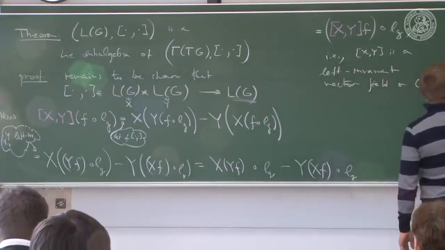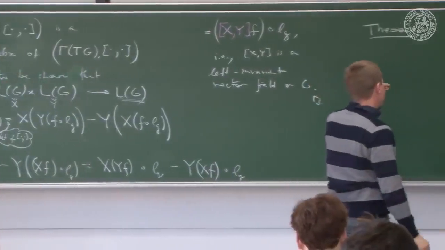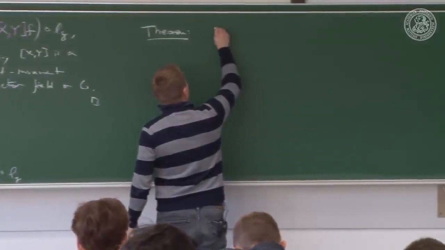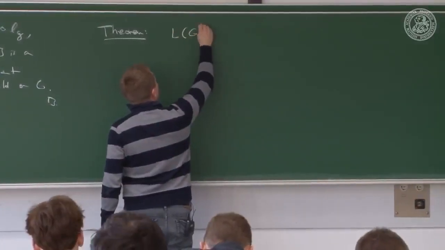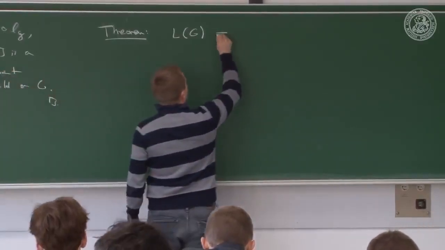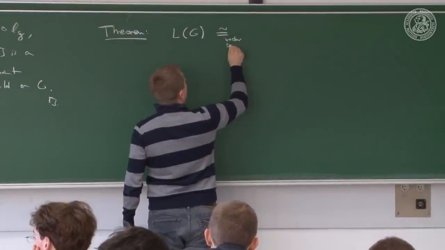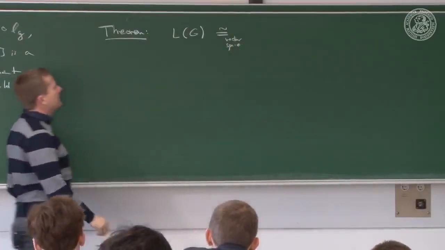Theorem. The Lie algebra L of G of a Lie group G is isomorphic as a vector space. You know, in particular, it's an R vector space.